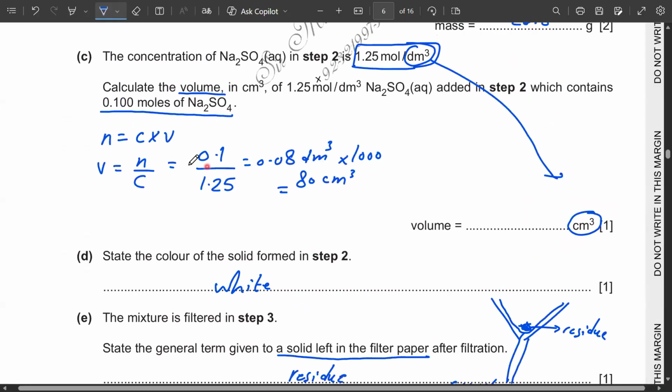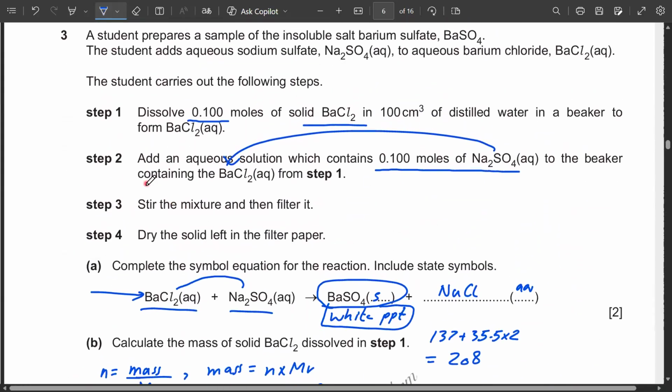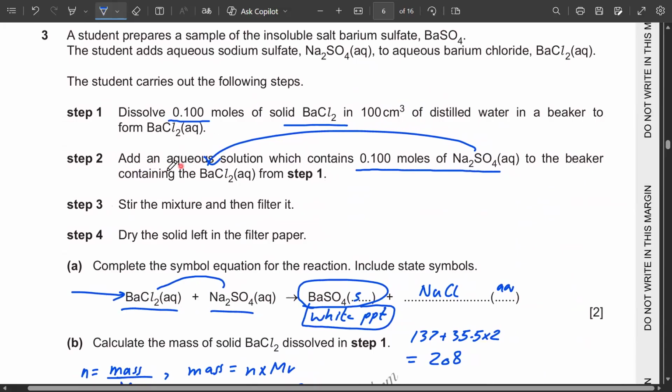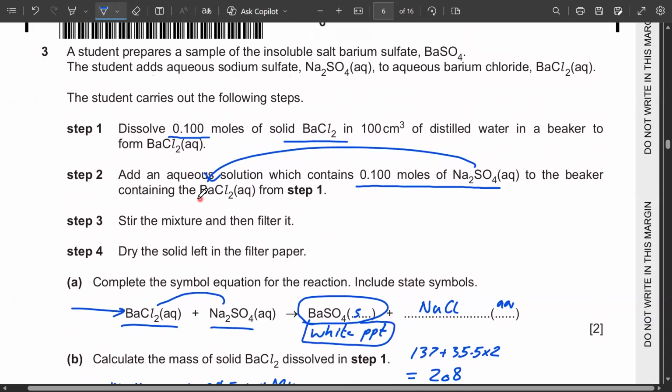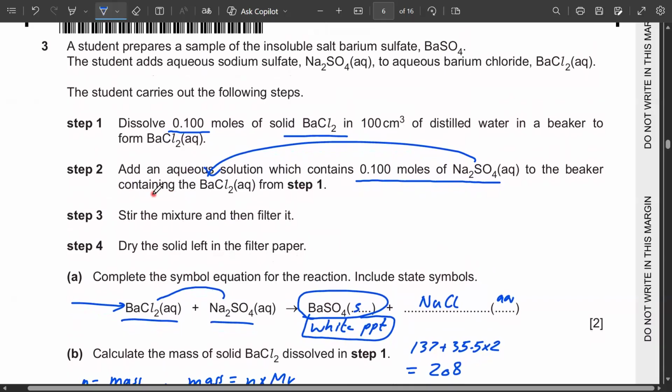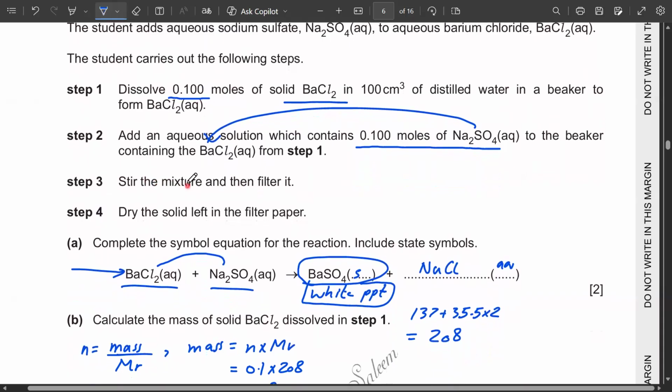So in step 3 and step 4, we remember barium sulfate was formed in step 2, and then we treat the mixture and filter it. Where is the filtration here? Where did we filter the mixture? We filtered over here.